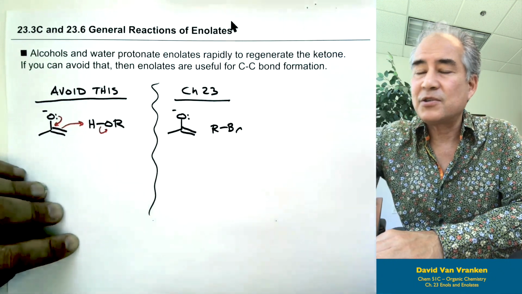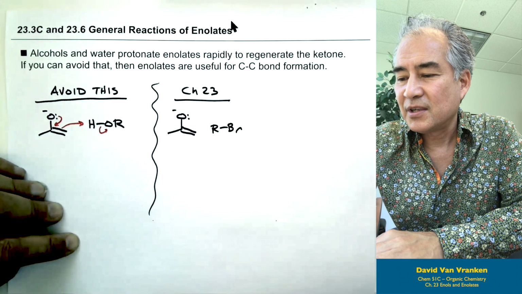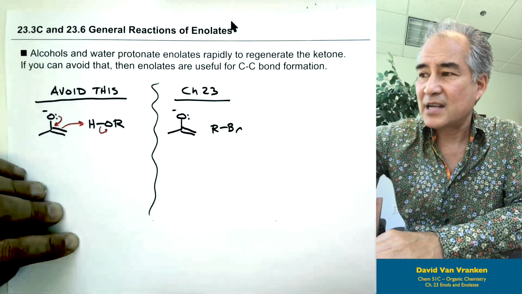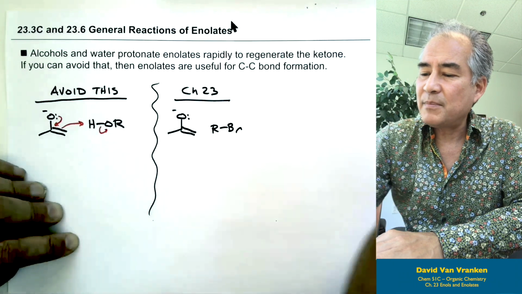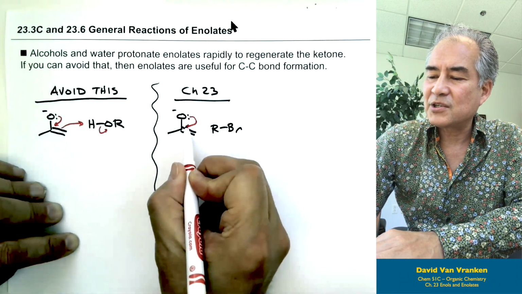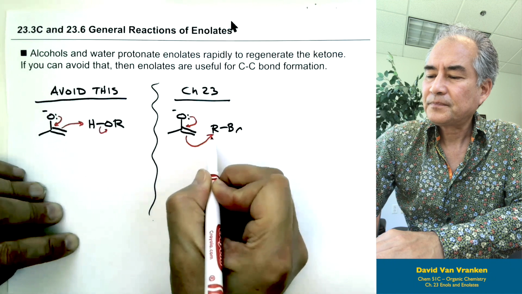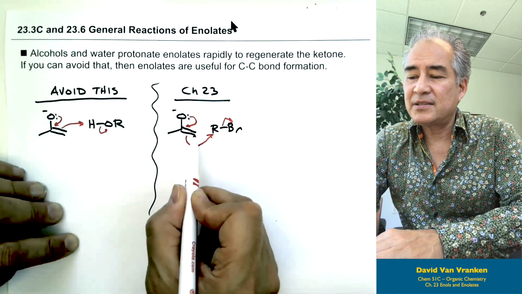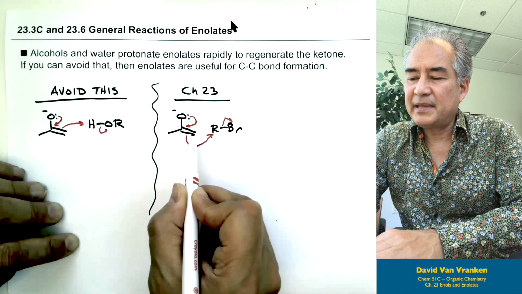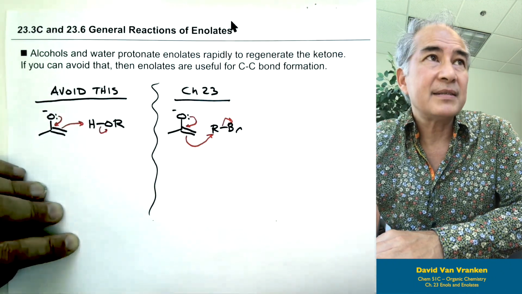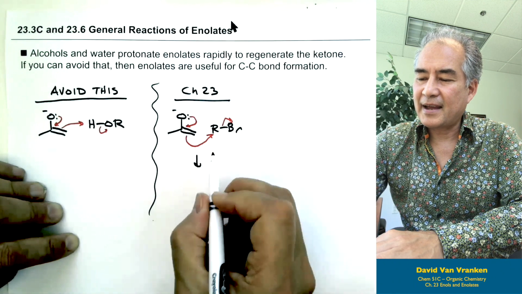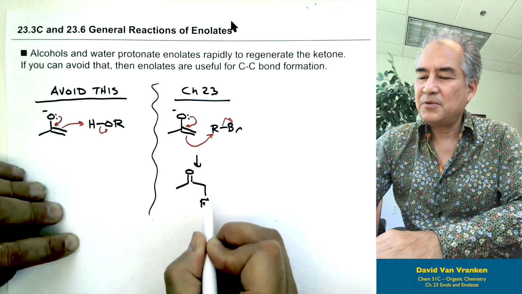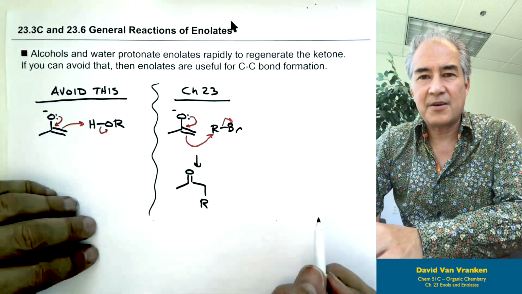Just like you could do SN2 reactions and displace leaving groups like bromides, iodides, or tosylates, we can do those same SN2 displacement reactions with enolates. That's the focus of this chapter. We make enolates, and then that carbon atom at the end forms new carbon-carbon bonds. I can't resist drawing that out because it's so amazing. There we go. We form that new carbon-carbon bond. That's a big thing. That's our chapter here.